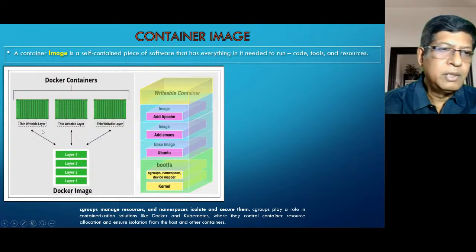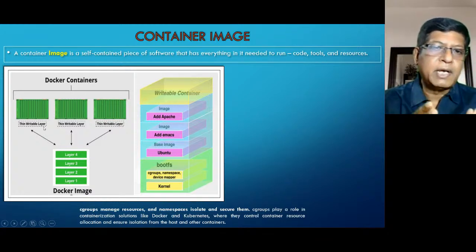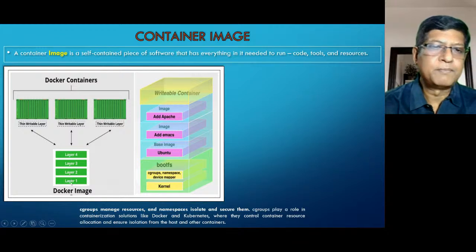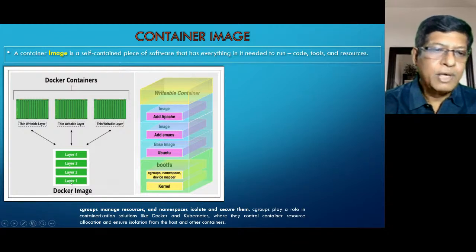these containers will provide you with a compartment. It has many compartments, many layers, so you can fit in as many layers of the image as you want. You can have the base layer, then on top of that install one more layer of software.